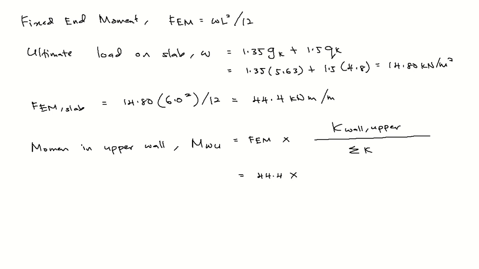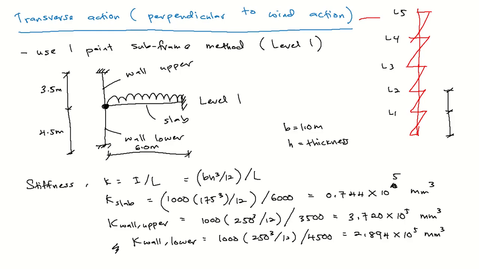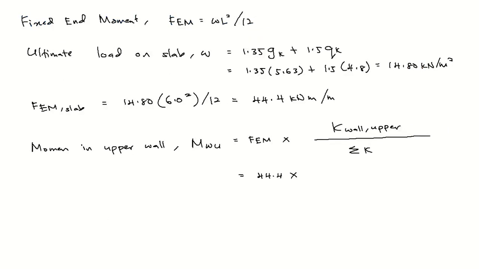This is what I mean. K wall upper here, this one, 3.72. K wall lower, 2.894, and K of slab is 0.744.